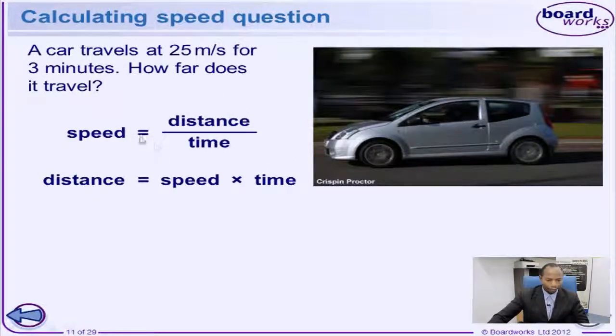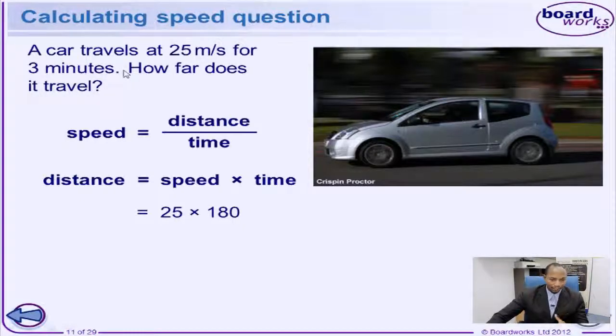If you cross multiply, mathematically, distance will be speed multiplied by time. From the question, the speed was 25 meters per second, but the time was 3 minutes.